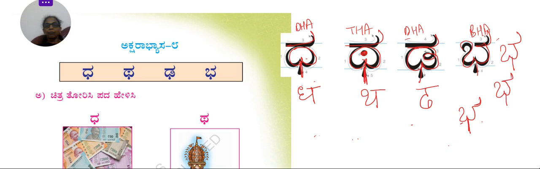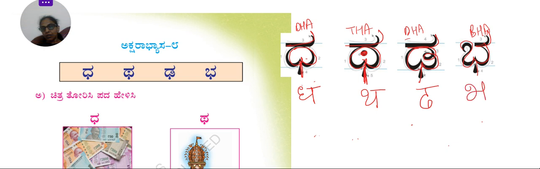This is how you write Bha. And in Hindi it is this Bha. So once again, Dha, Tha, Dha and Bha.